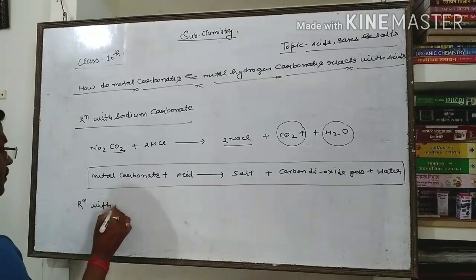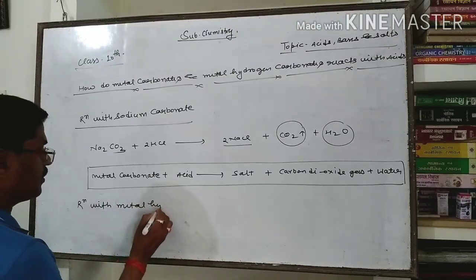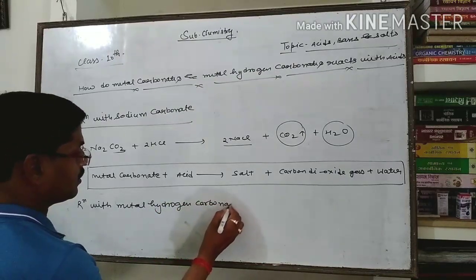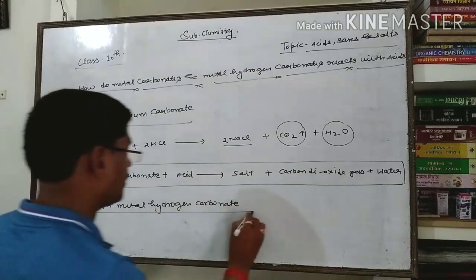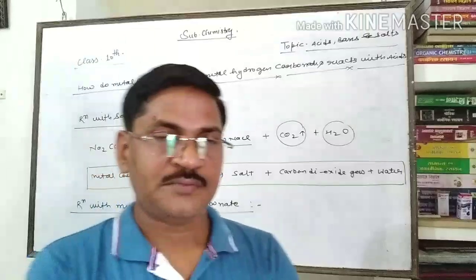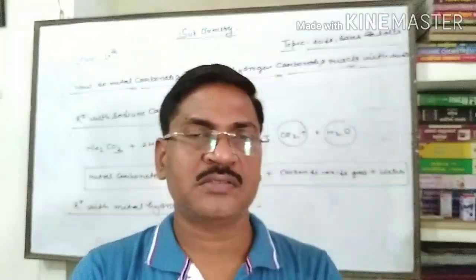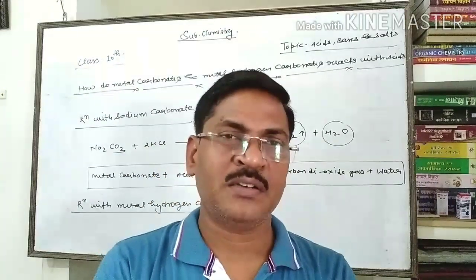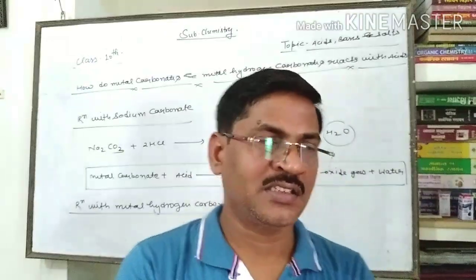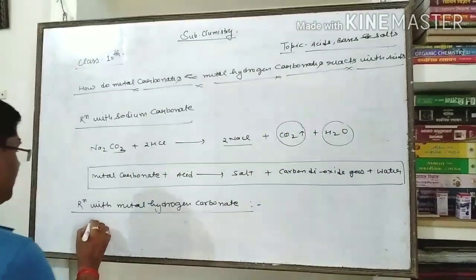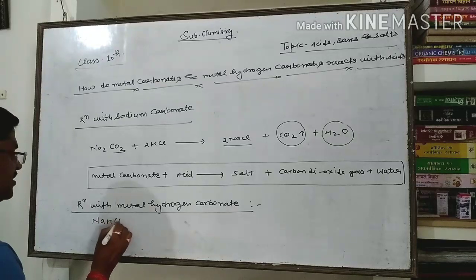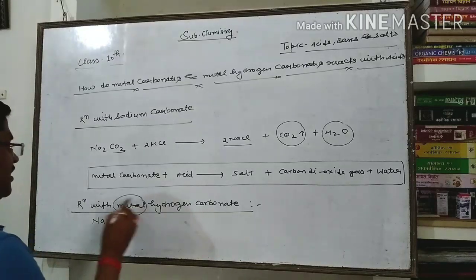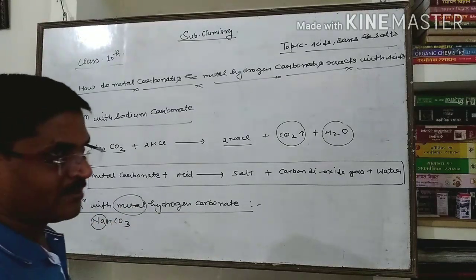After that, the reaction of metal hydrogen carbonate. Listen about it. When metal hydrogen carbonate also reacts with acids, it gives the respective salt, water, with evolution of carbon dioxide gas. Suppose I have taken NaHCO3, that is sodium hydrogen carbonate. Taking sodium as the metal, it will be sodium hydrogen carbonate.